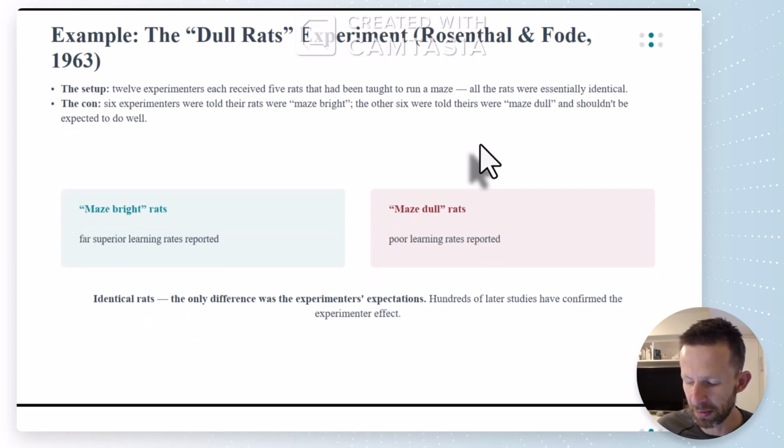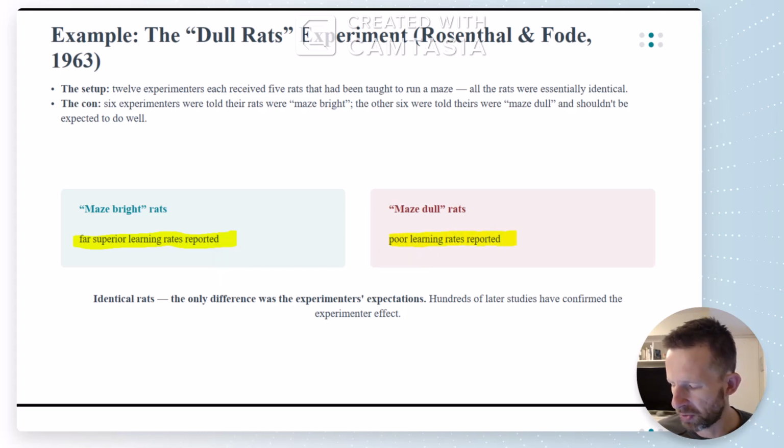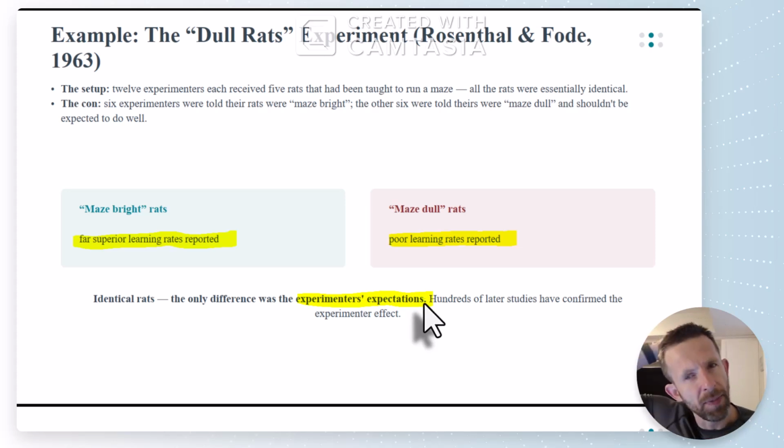The maze bright rats were judged to be far superior in learning, and the maze dull rats were judged to be much poorer in learning. But they were all identical. So the only difference was the experimenter's expectations. Expectations can have a big effect on how people judge situations. If you're told that someone is smart and hardworking, you might treat them very differently, either consciously or subconsciously, than if you're told that they're dumb and lazy.